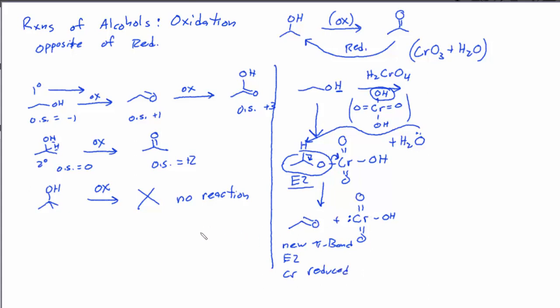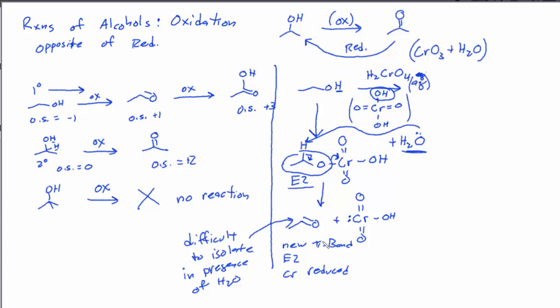The problem is that this aldehyde is difficult to isolate when there's water around. And we do have water around because we formed water during the chromate ester formation. H2CrO4 is probably in water, so maybe it's more appropriate to show aqueous.